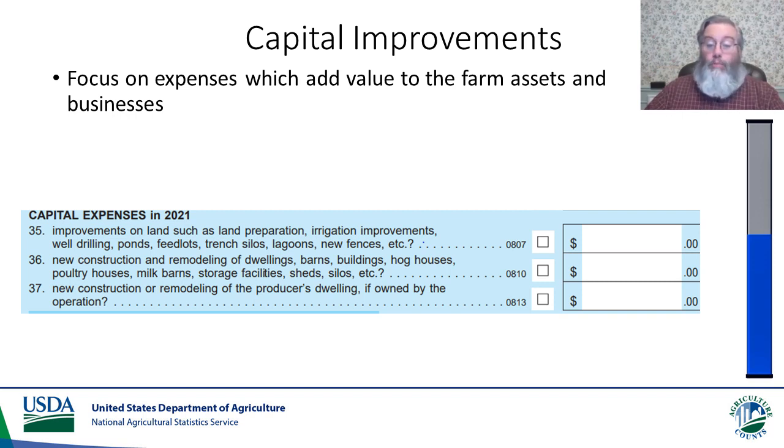These could include improvements to the land, such as irrigation improvements, well drilling, or fences, new construction and remodeling of dwellings and buildings, including livestock buildings and storage facilities, and new construction or remodeling of the producer's dwelling if it's owned by the operation. As a reminder, any new construction or remodeling of the producer's dwelling should be excluded if the home is not listed as an asset of the farm or ranch operation.